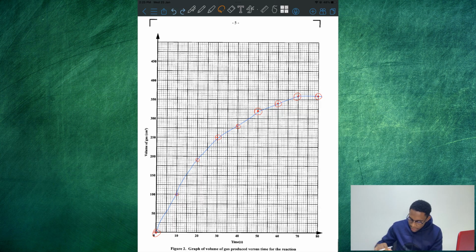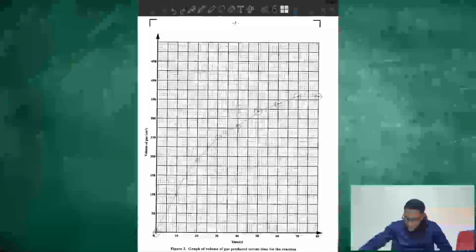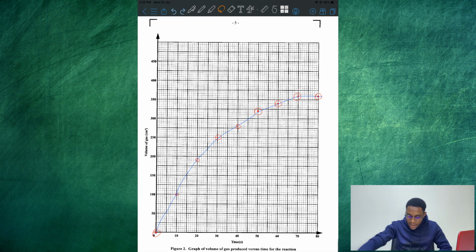All right, moving along. So now we are going to move on to plotting the graph. Now, using the axes in Figure 8, plot a graph on page 5 showing the volume of gas produced versus time for the reaction of dilute nitric acid with powdered calcium carbonate, and we're going to label that graph A. All right, so here we have it.